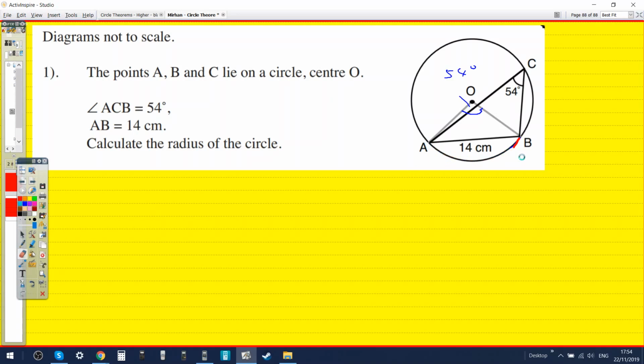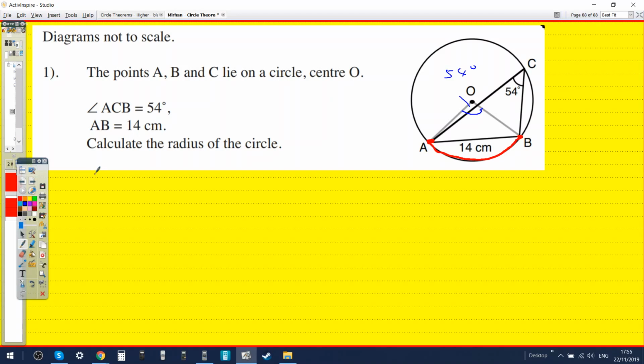Okay. So with the 54, any idea what you can do next? Fill in the blanks. 180 minus 54 is 126, and then divided by 2, which is 73.